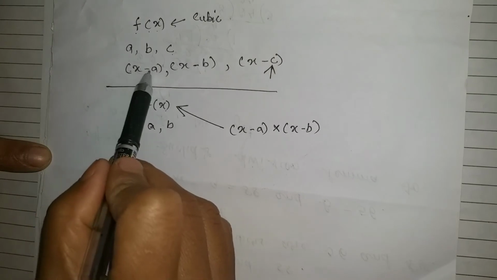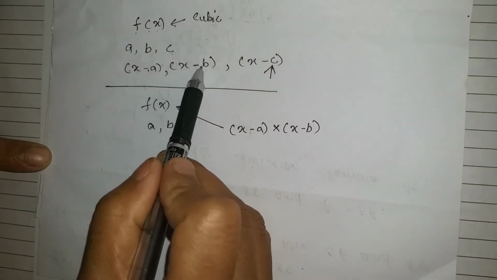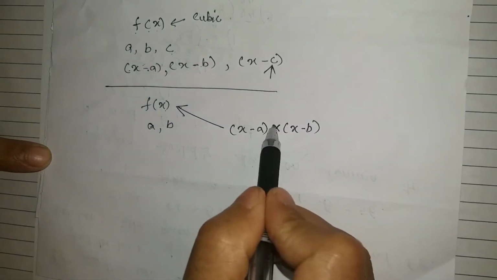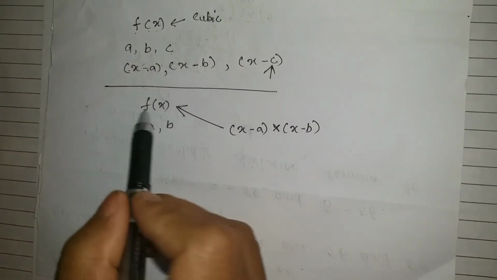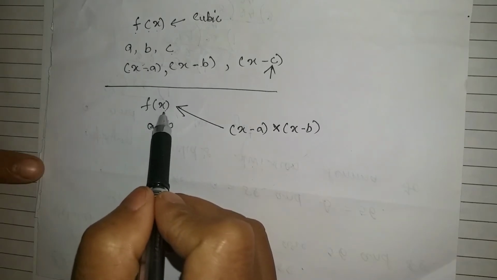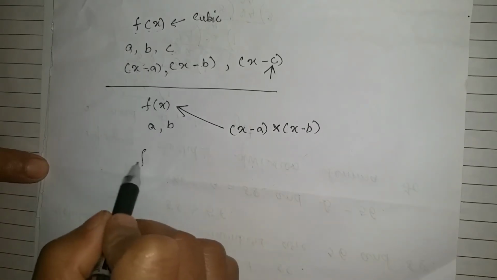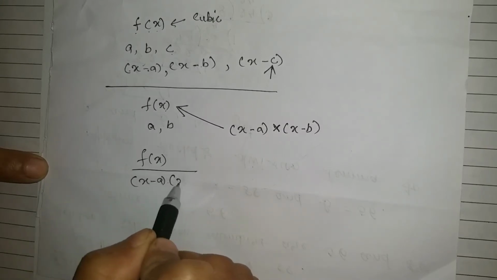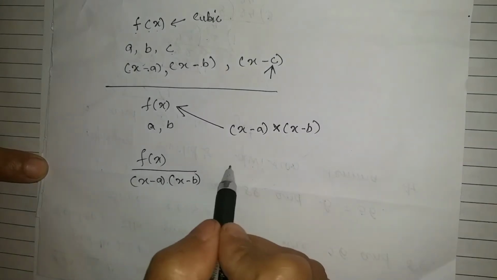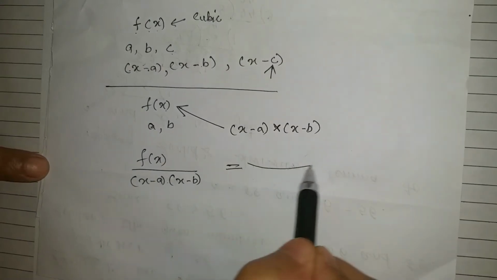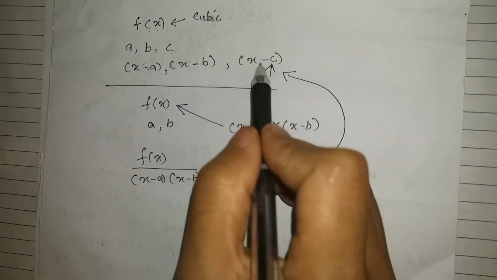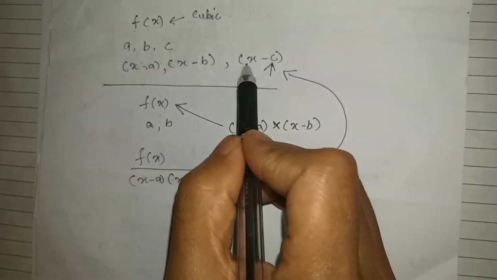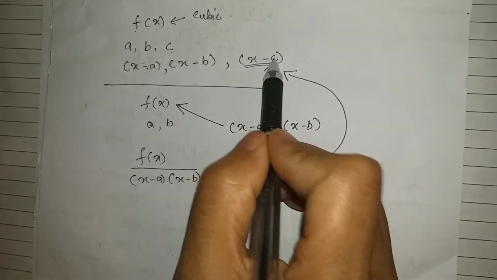Since x minus a and x minus b are factors of f of x, their product is also a factor of f of x. After dividing f of x by x minus a into x minus b, the answer that we get will be the factor x minus c, and c will be obtained from this factor.